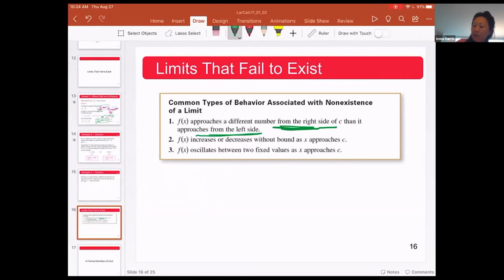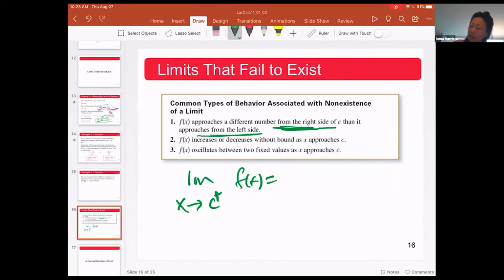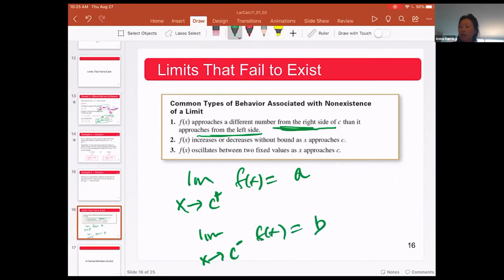For example, in the problem that we had, say the limit as x approaches some number c of some f of x. If the limit as x approaches c from the positive side of f of x is equal to A, and the limit as x approaches c from the negative side of f of x is equal to B, if A is not equal to B, then what happened?